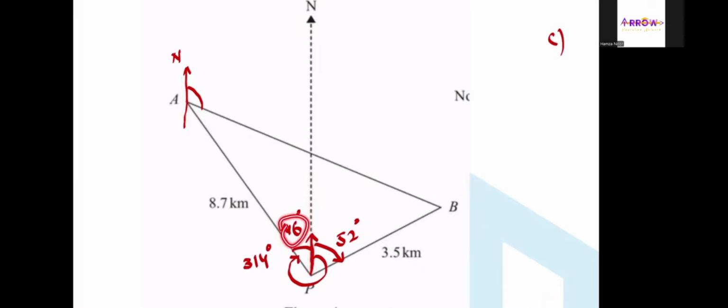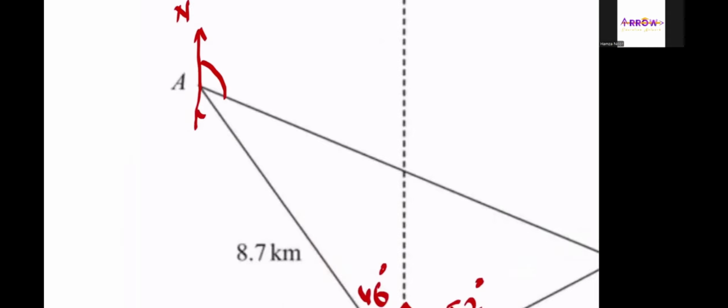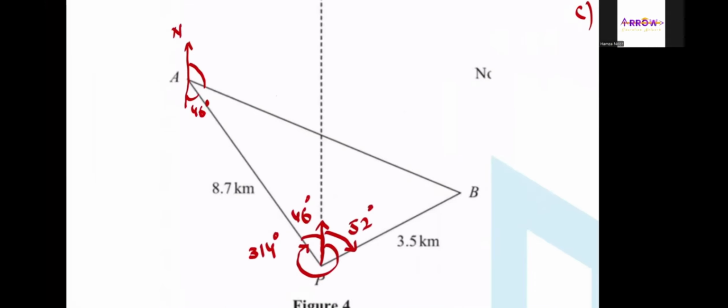So obviously this 46 degrees and this angle are the same. So I can say this angle is also 46 degrees according to alternate angles. So I'm going to use this angle 46 in my workings.